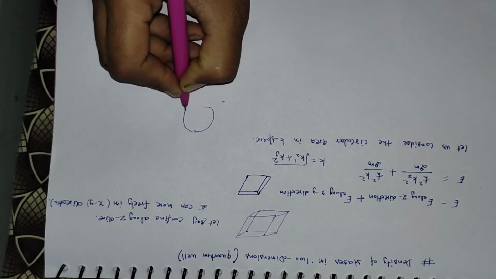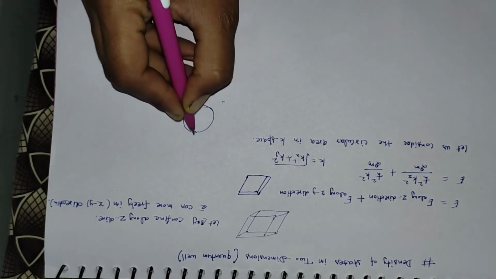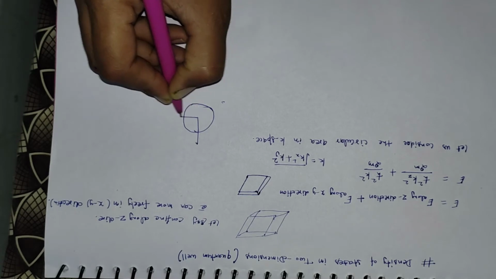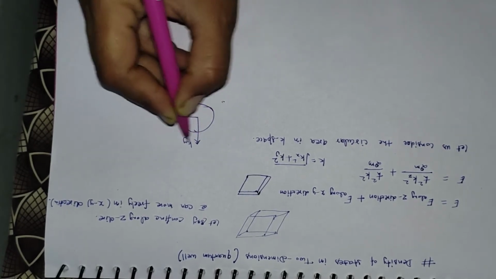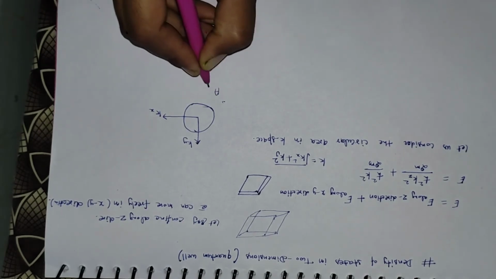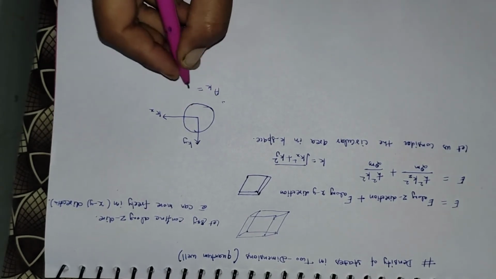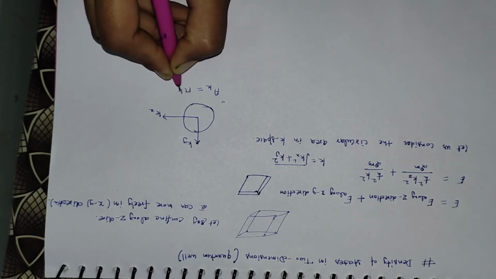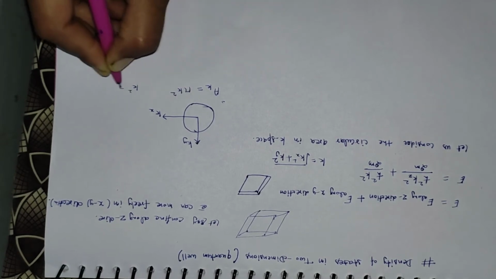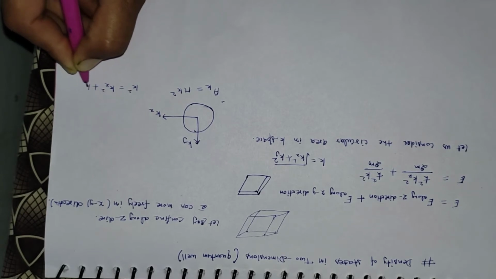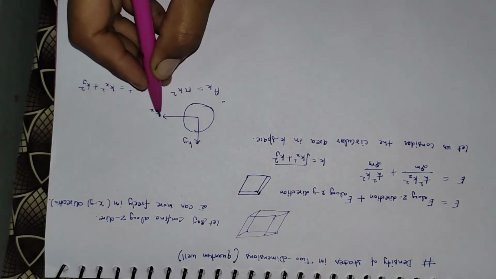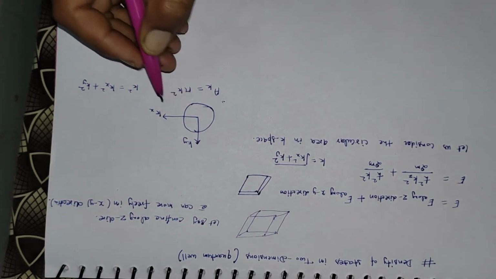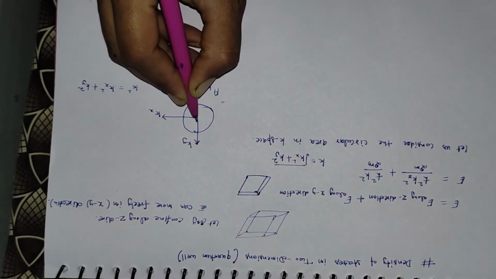Let's say this is the circular area of K space in two dimensions, kx and ky, and the area of this circle is πk², where k² is kx² + ky². Here x and y are the directions along which the particle can move.